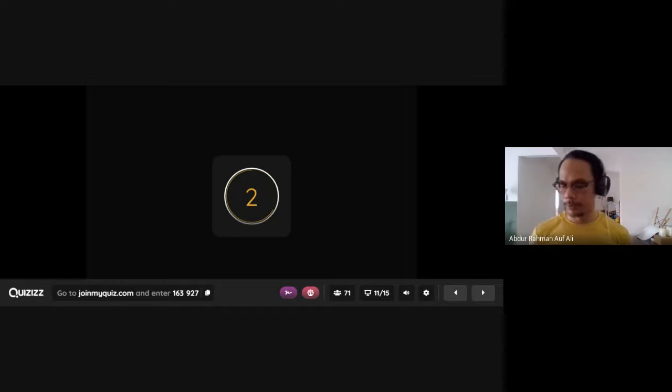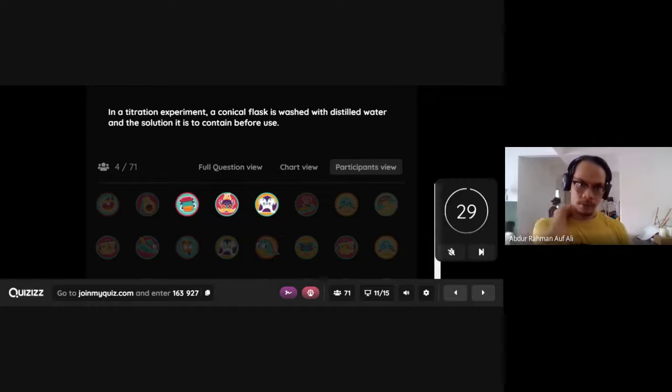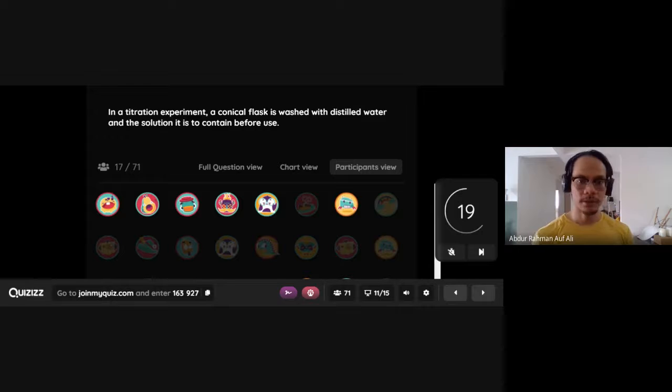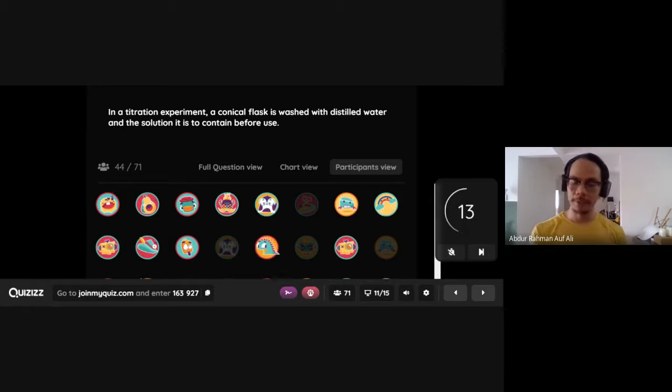Soalan seterusnya. In a titration experiment, a conical flask is washed with distilled water and the solution is to contain before use. So sama juga macam tadi, the answer is true. Basically all glassware, all instruments dalam lab, best practice is kita rinse 2 kali macam ni.